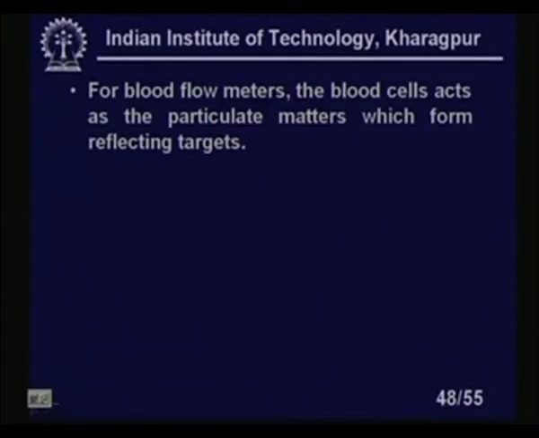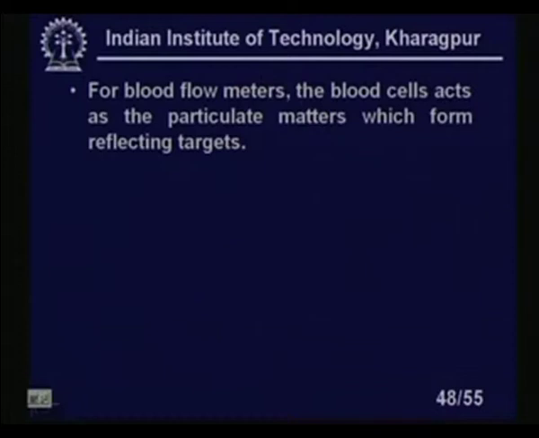We have discussed in detail that it will not work unless there are some suspended particles in the liquid itself, however small. That particle is missing in the case of blood flow measurement, but the blood cells act as particulate matter which forms the reflecting targets, right. From that the ultrasonic waves will be reflected back. It's excellent, okay?